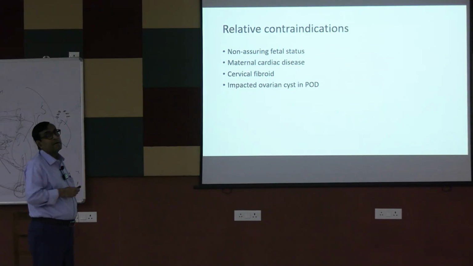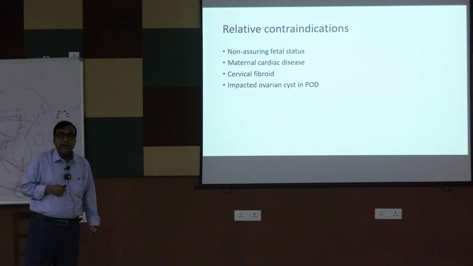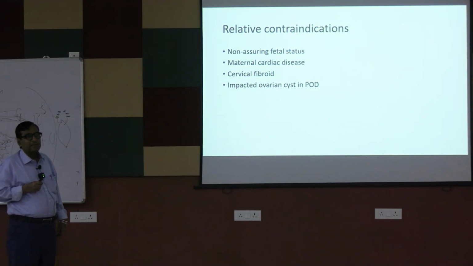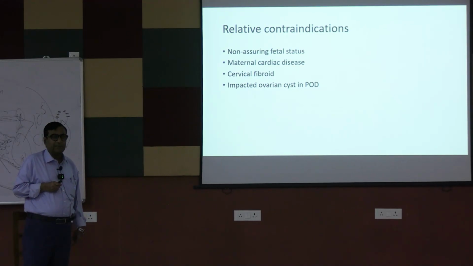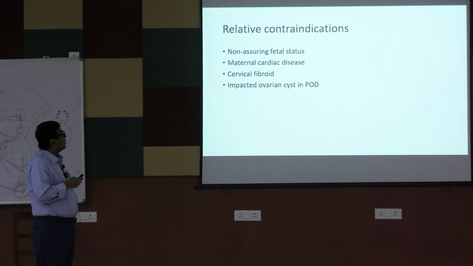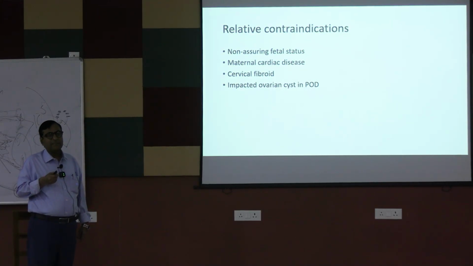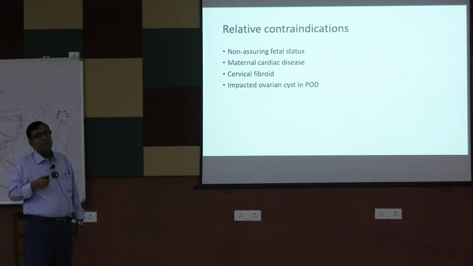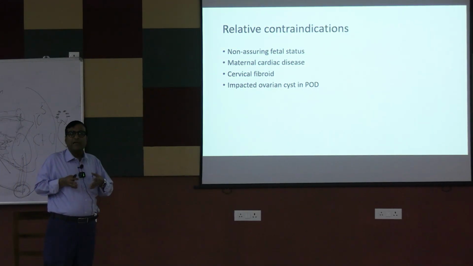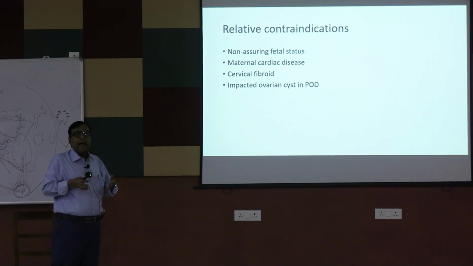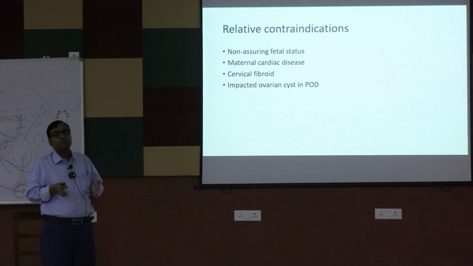induction. Maternal cardiac disease. In cardiac disease, we usually do not go for induction, because normal delivery in cardiac disease usually happens easily: the baby is smaller in size, due to hypoxia uterine contraction is stronger, and due to congestion, pelvic tissues become soft.